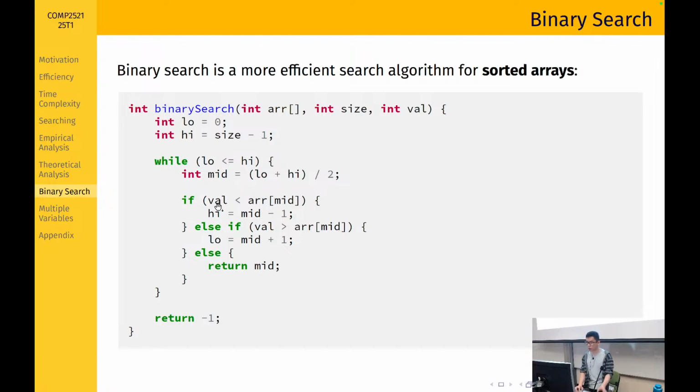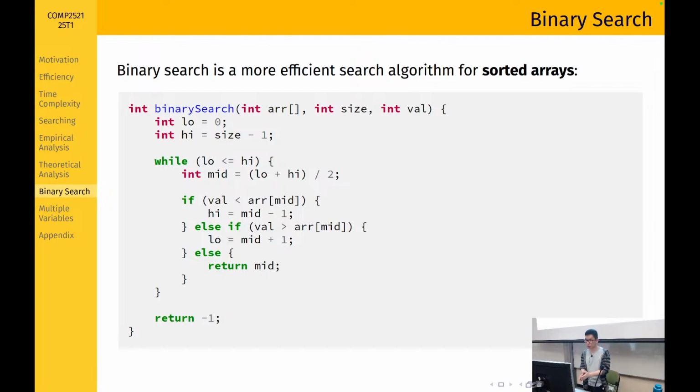Right, so if the value we're searching for is less than the middle value, then we update high so that it's equal to mid minus 1, so that now we're searching the left part of the array. Right, but if the value we're searching for is greater than the middle value, then we update low to mid plus 1, so that we're searching the right half of the array.